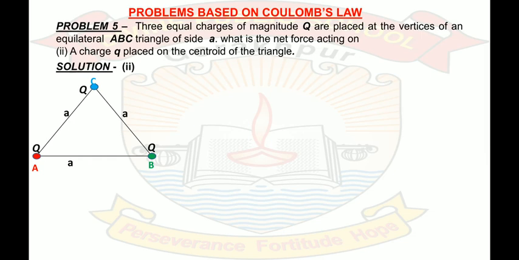For the centroid we have to make the medians. Medians will intersect at a point. At that very point a charge q is placed. Let this point be O. Now what we have been asked is, what is the net force acting on the charge placed at O?